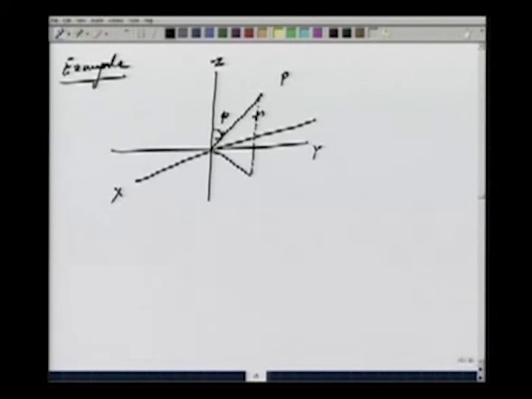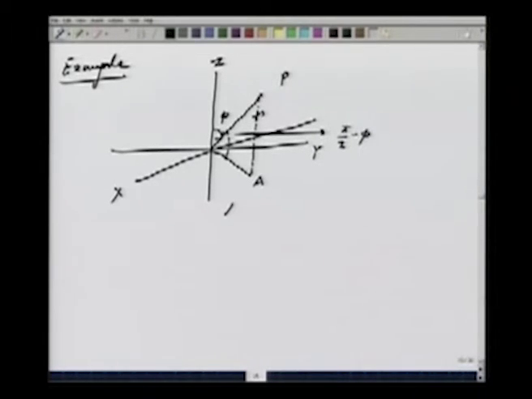Then this distance I can certainly calculate, since this is phi. If I call this point A, then this angle is 90 minus phi, that is pi by 2 minus phi.